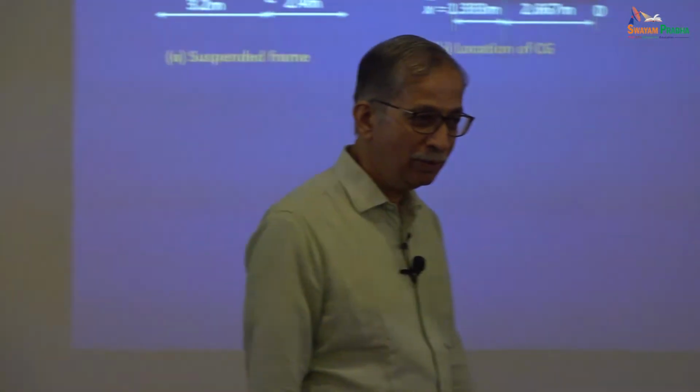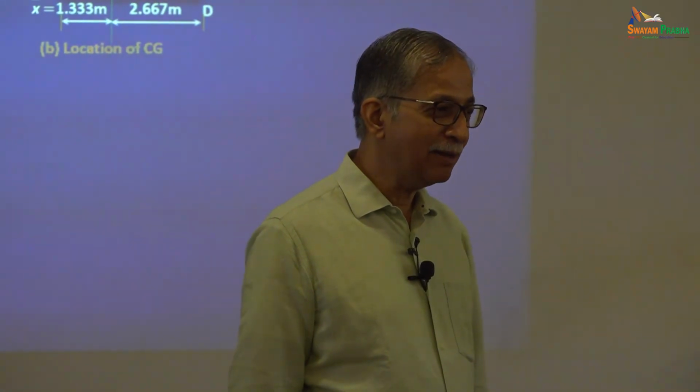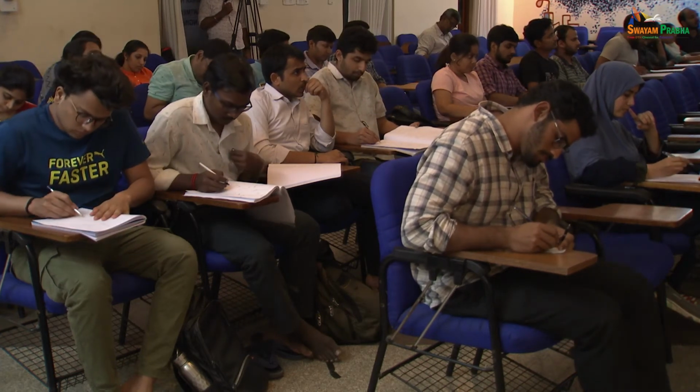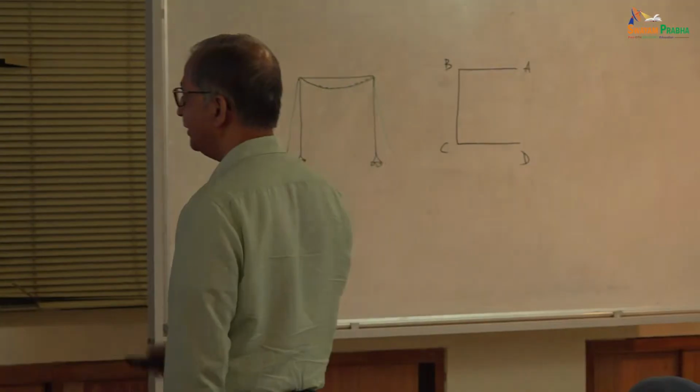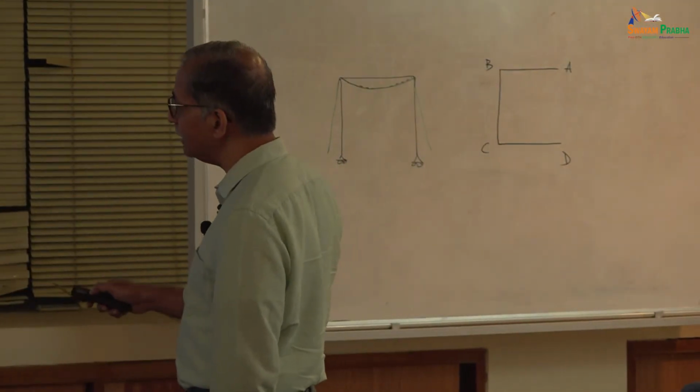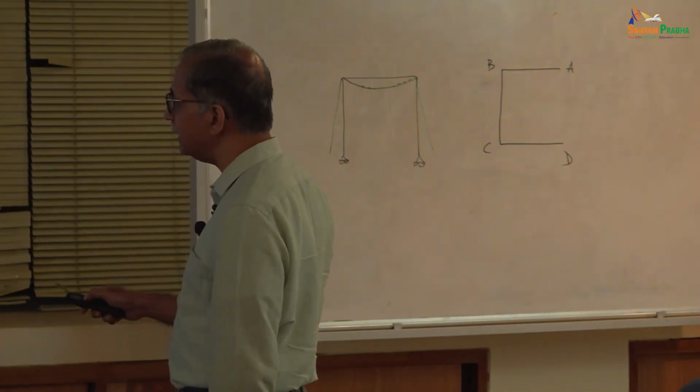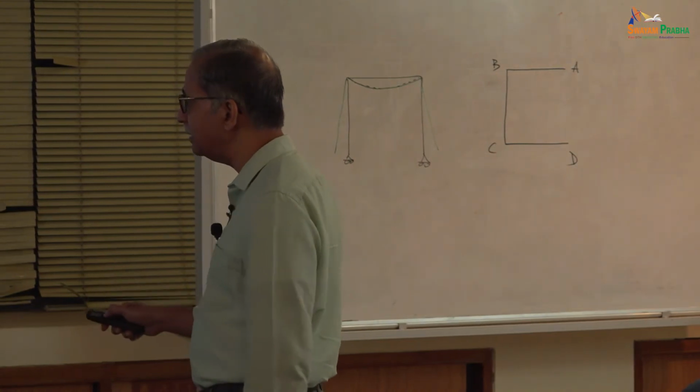I want you to at least now sketch the likely bending moment diagram and the deflected shape. This is how it's going to be hung. Even drawing this and finding these numbers is not easy, but let's say you've done that much.